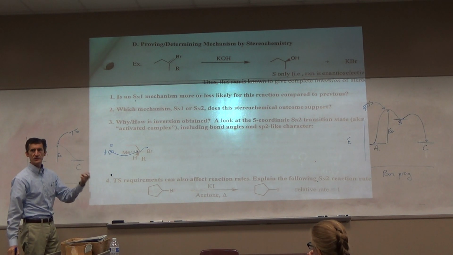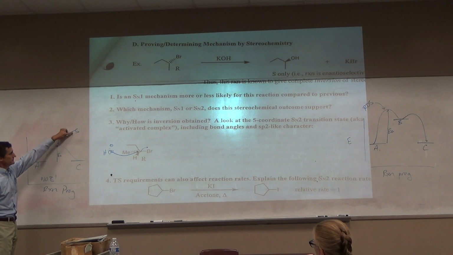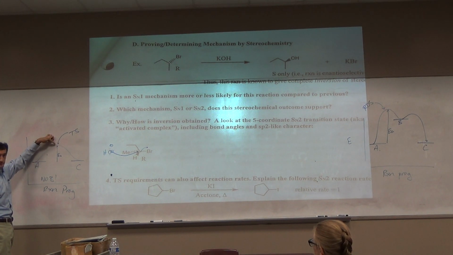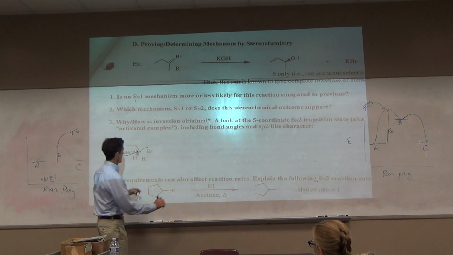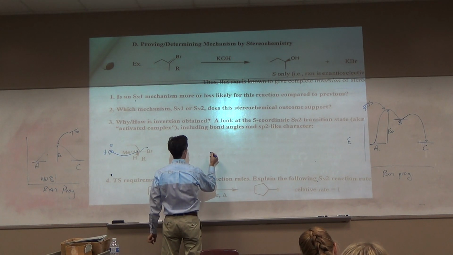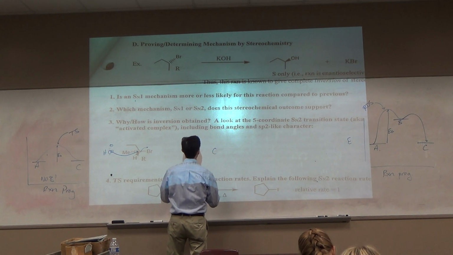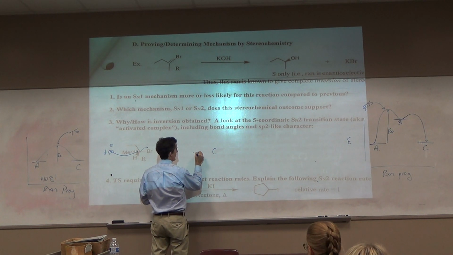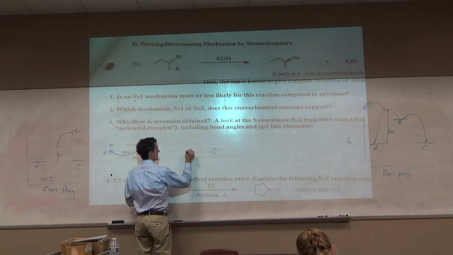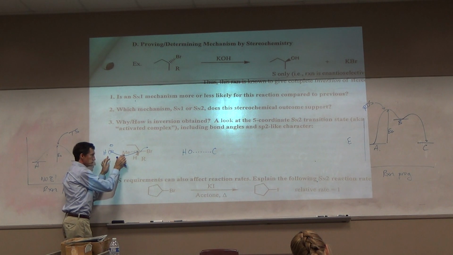But let's show the transition state. What's it going to look like? I'm going to draw the carbon in. Okay, that's the carbon there. The hydroxide bond is being made.